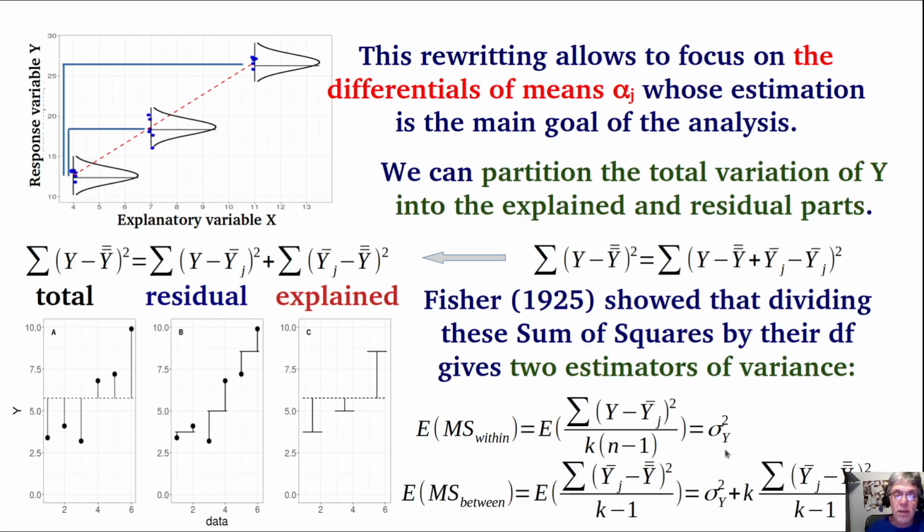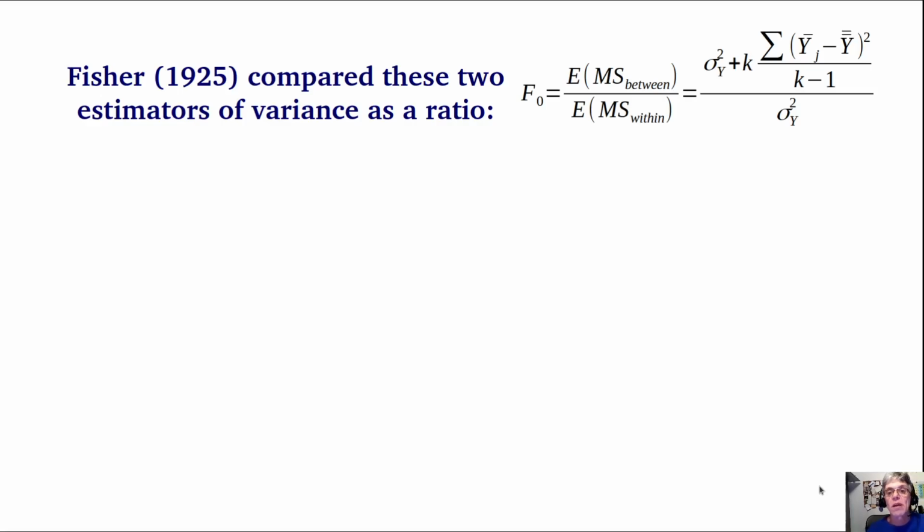He also calculated the mean square between, this part, and he showed that this equals the variance of the response variable plus a second term that I'm going to explain in the next slide. So he compared these two estimators of variance as a ratio.